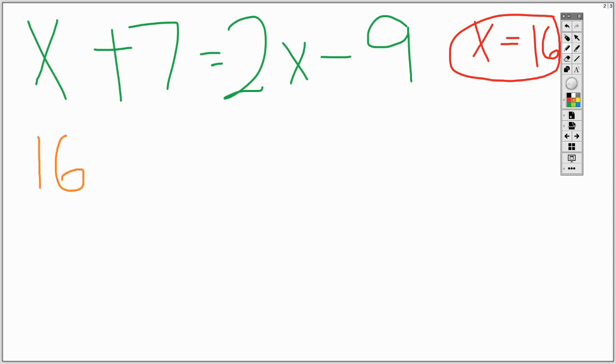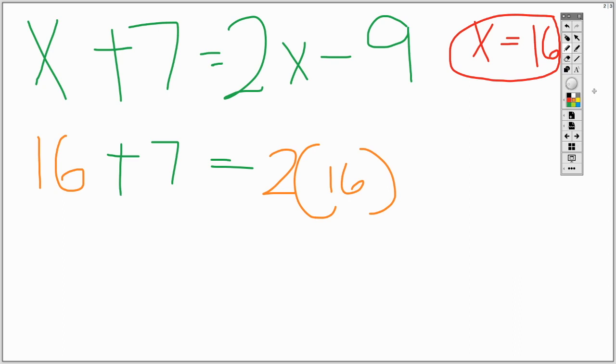16 plus 7 equals 2 of 16 minus 9. So then you just add all of this up. So 16 plus 7 equals, let's use a different one.